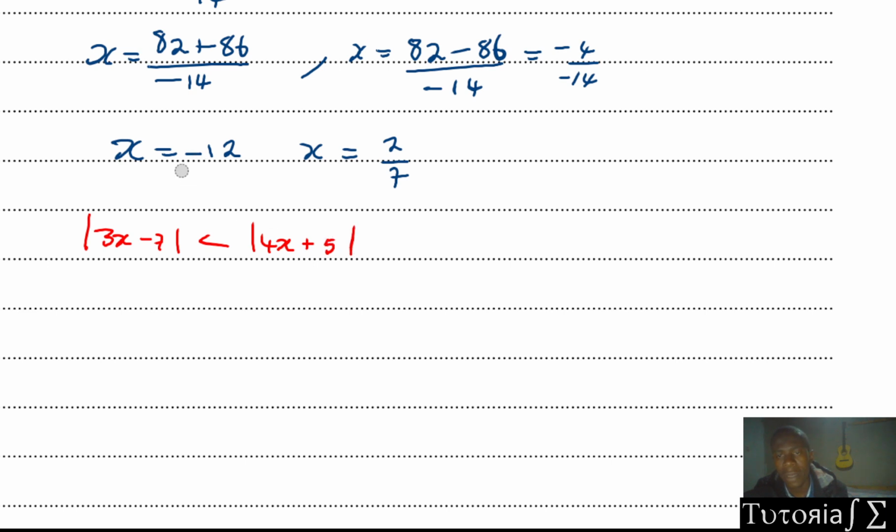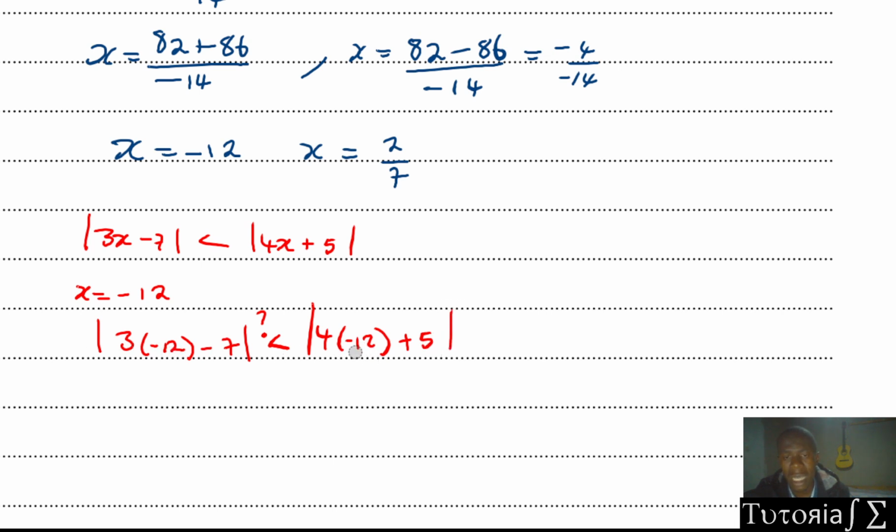When x is equal to negative 12, of course there is no need for this work in red, this would be 3 times negative 12 minus 7. Is this less than 4 times negative 12 plus 5? When you simplify this side and this side, you find that these are equal. This one is not less than that. So x equal to negative 12 does not satisfy the inequality.